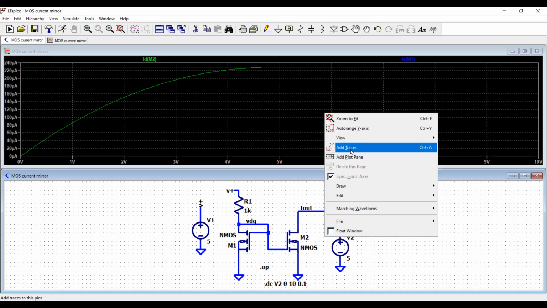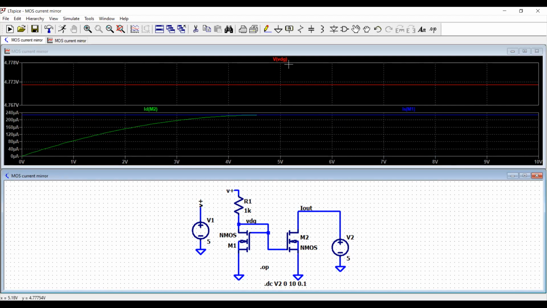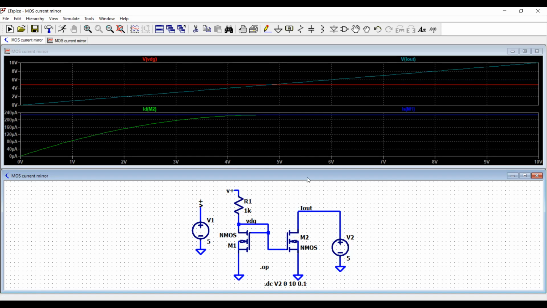Let me add a plot pane, and here I'm going to plot the VGS of the transistor, or the drain voltage of the transistor. So let me plot this node. This is VDG, which is also VGS of my transistor M1. And if I plot this voltage, okay, this is actually simulating this because I'm sweeping this voltage.